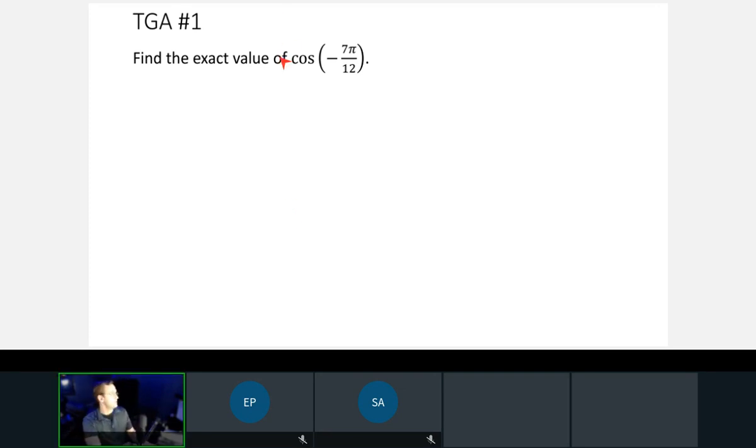All right, so find the exact value. You need to use the sum difference identities, I think it's called, and your unit circle. Yeah, that's how I want this problem done. You need to use the sum difference identity with your unit circle to do this problem. If you don't do it that way and you just type this in, I will give you 0 credit, because my instructions that I uploaded today state that.